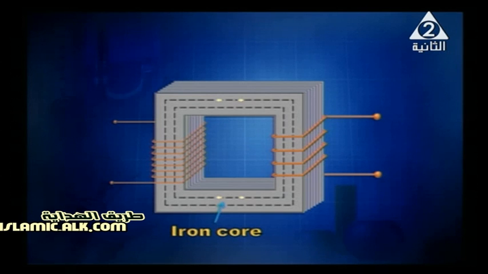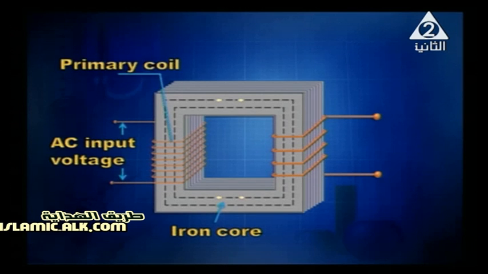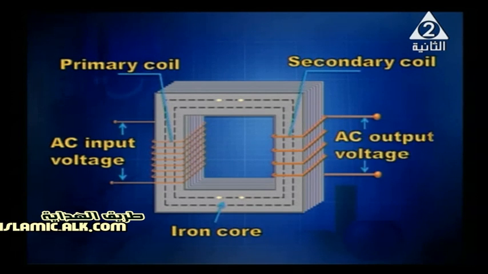Then a primary coil connected to the mains, and a secondary coil connected to the device we want to change the potential for. So the three major components of the transformer are the primary coil, the secondary coil, and the two coils are wound on a core made of soft iron and should be laminated.